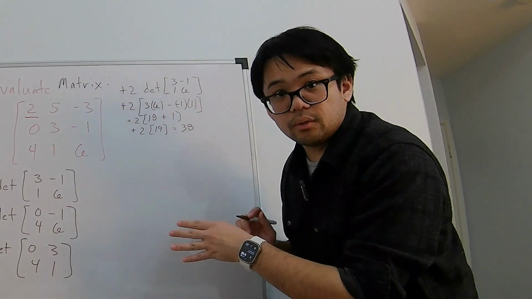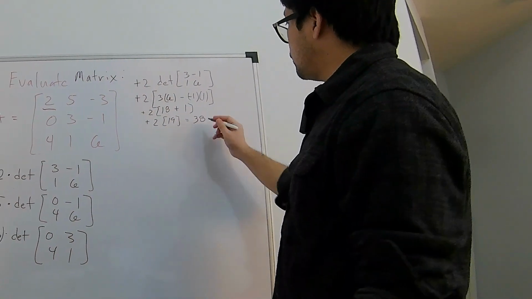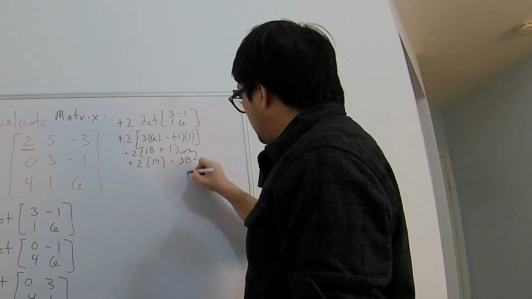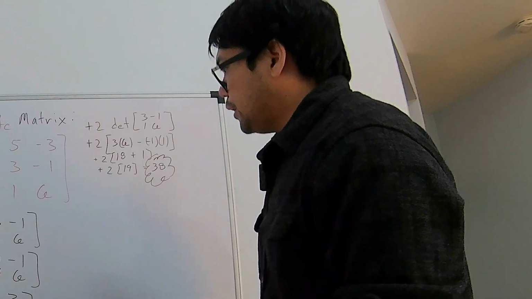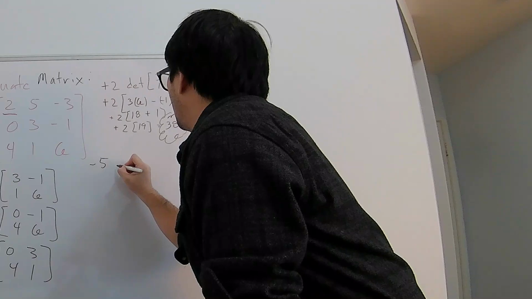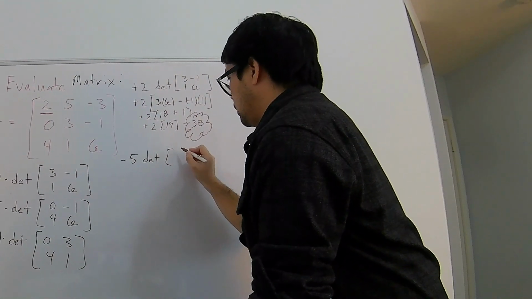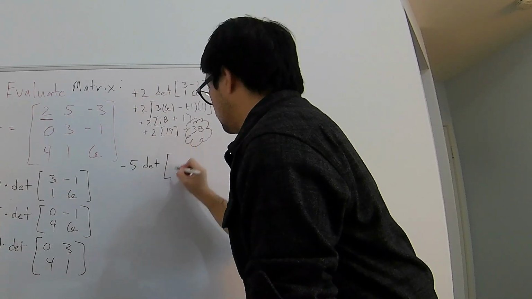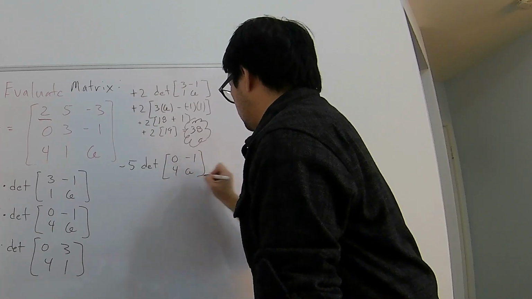We're not quite done yet, though. We need to do the other 2, right? There's still 2. So this is the first one, 38. So we're going to draw a little cloud over it, 38. All right, so the next one is negative 5 times the determinant of this smaller 2 by 2 matrix: 0, negative 1, 4, 6.